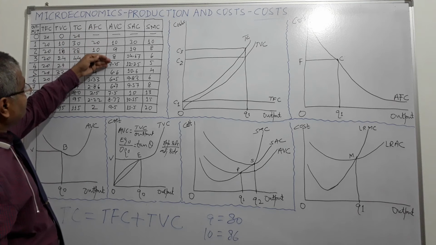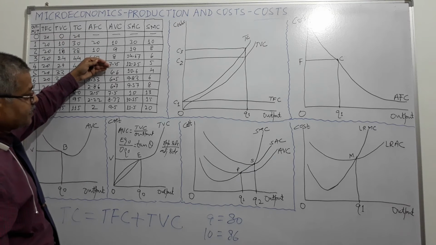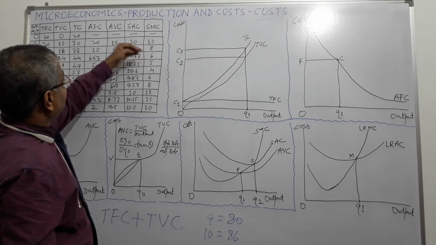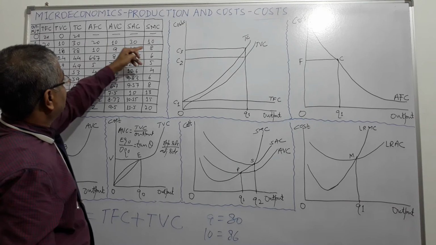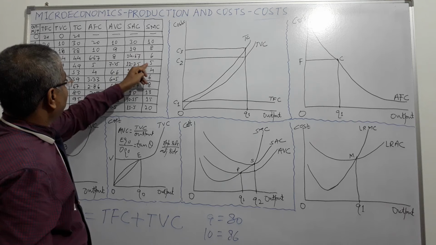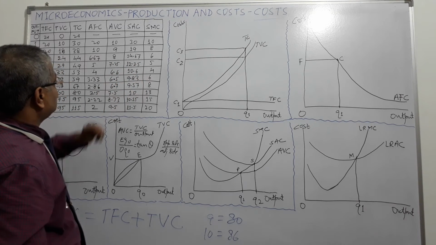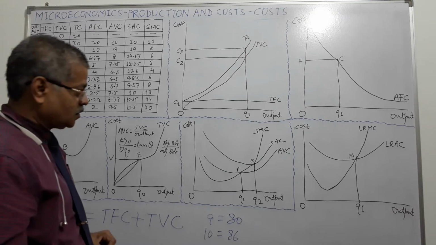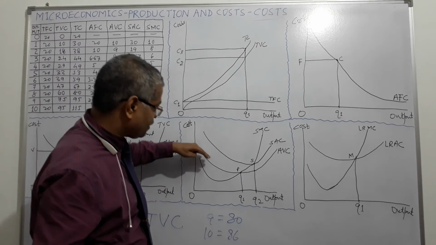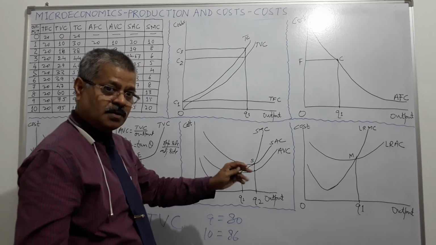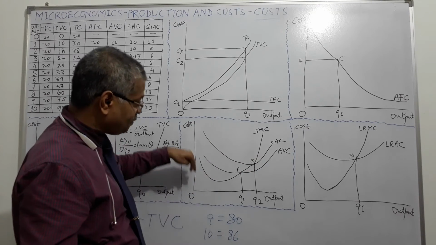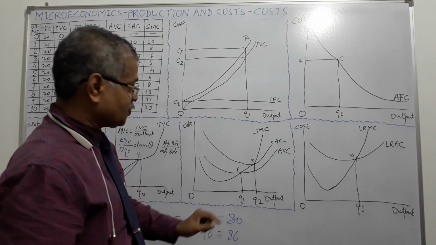Average variable cost is declining, right? And short run marginal cost remains below that. 8 below 9, 6 below 8, 5 below 7.25, 4 below 6.6, 6 below 6.5. So long as average variable cost is declining, marginal cost will be below average variable cost.